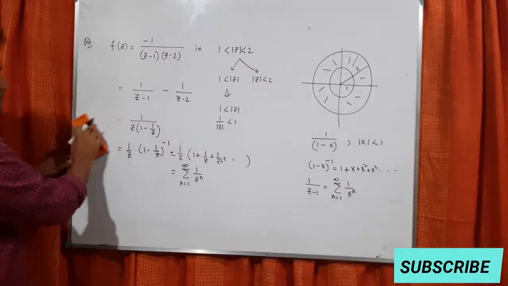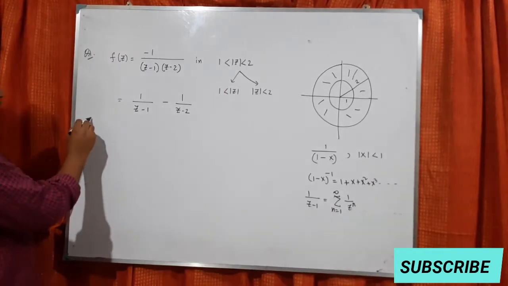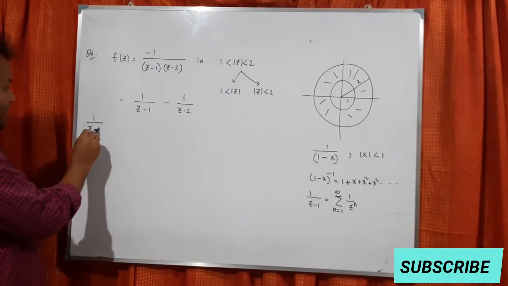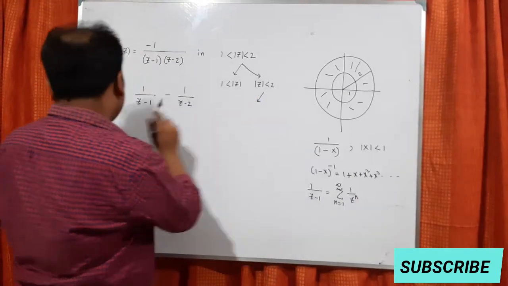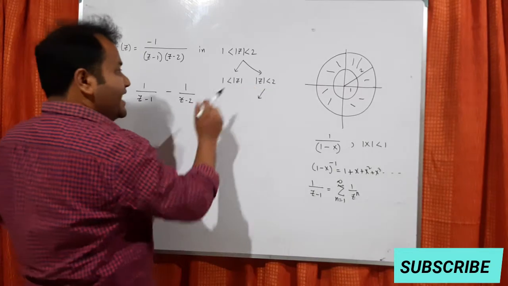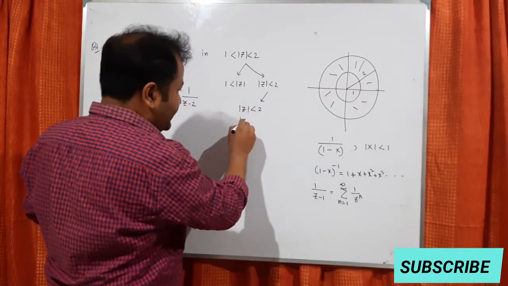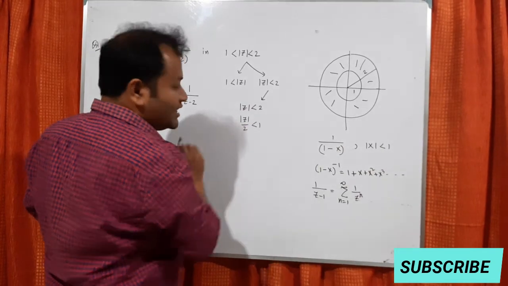Now look into the next part. If I consider 1 by z minus 2, the condition comes from the second inequality. Mod z less than 2, so I can write mod z by 2 less than 1.